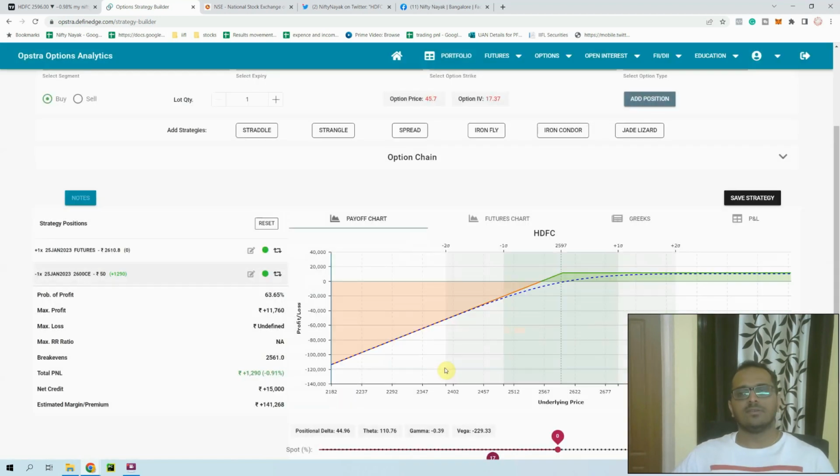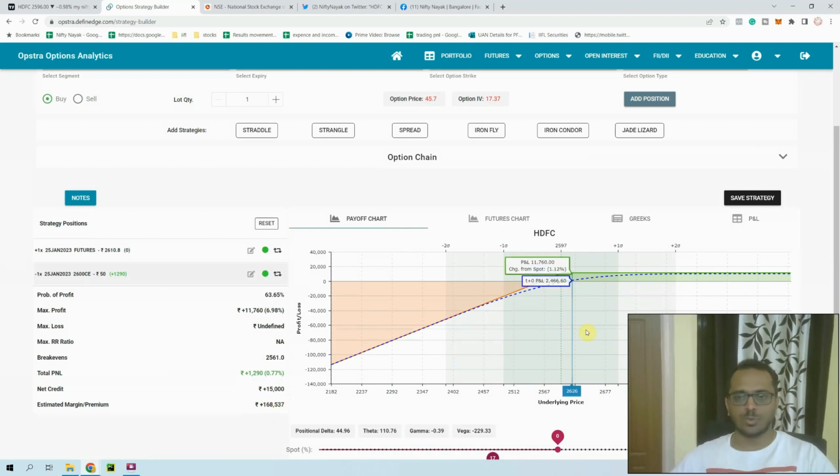So this is how the payoff graph is going to look, and you can see that the capital is approximately 2 lakhs. Don't go by this Opstra margin. Please add this on the Zerodha margin calculator and see what margin is required. Approximately it is 2 lakhs.